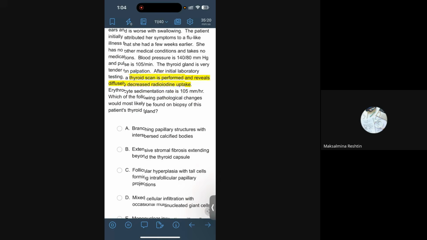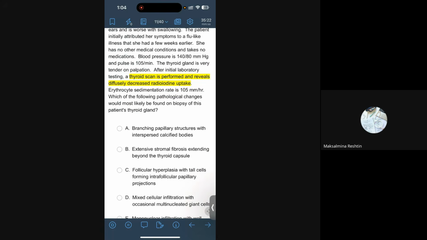Branching papillary structures with interspersed calcified bodies. Diagnosis: option A, papillary thyroid cancer. Calcified bodies are psammoma bodies.